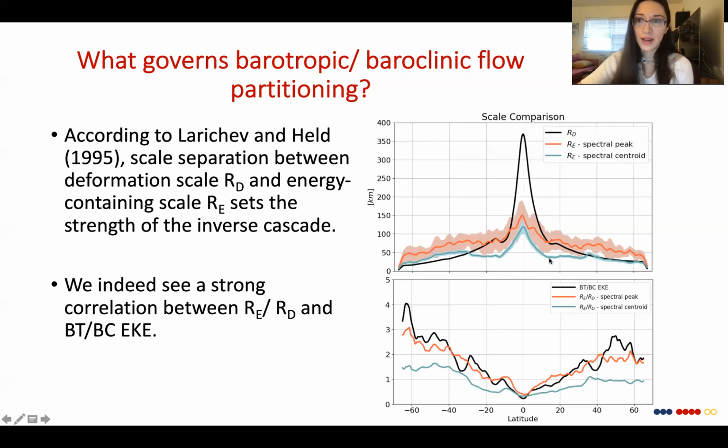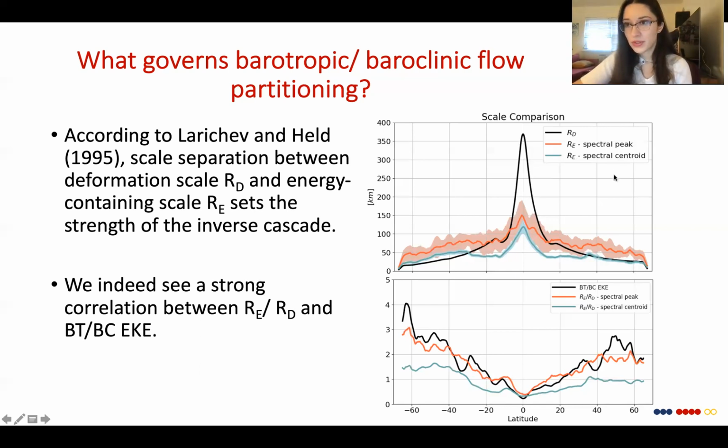Unfortunately, the domain of this simulation is not too large, and so in many situations, the spectra are computed as one-dimensional latitudinal spectra, and a lot of the energy tends to be at the largest resolvable scales. So sometimes it is really hard to gauge where the spectral peak is located.